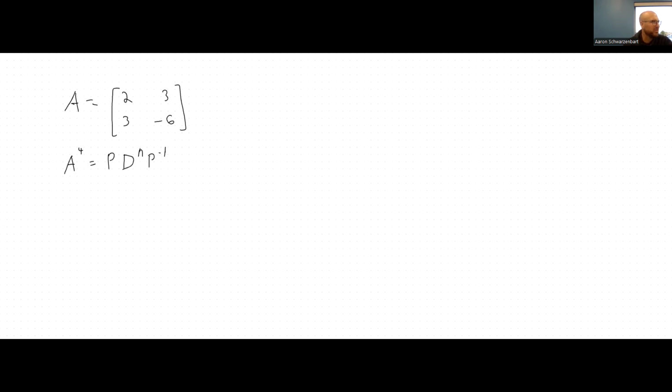We're doing A to the fourth, which yes, your calculator can do easily. So to get the eigenvalues, remember we do this.